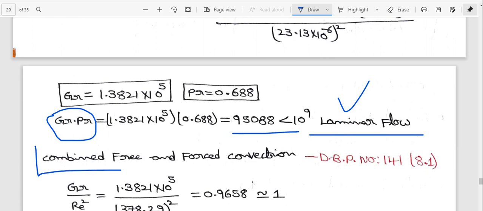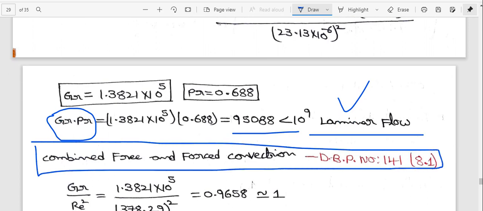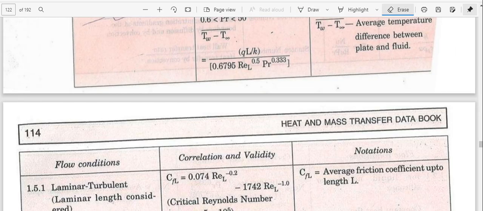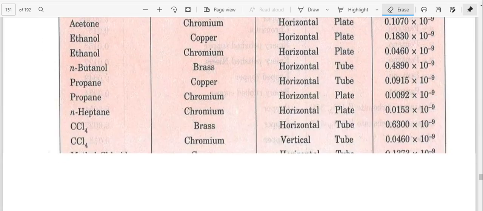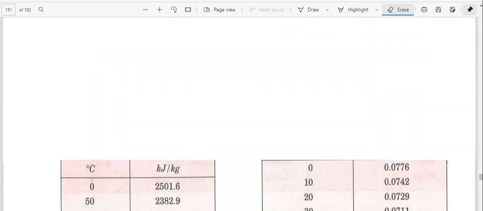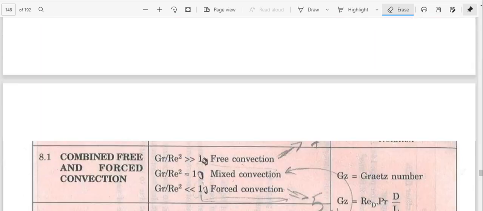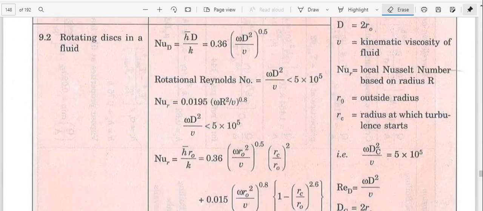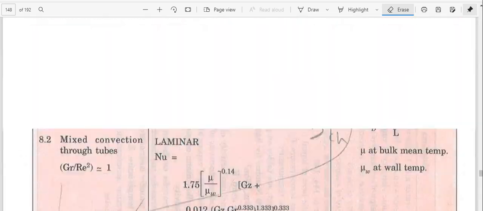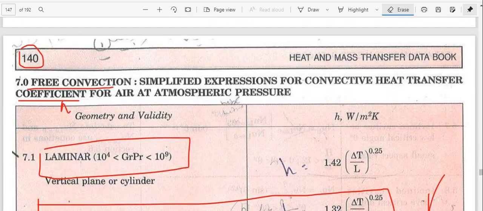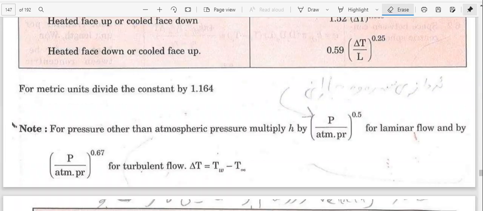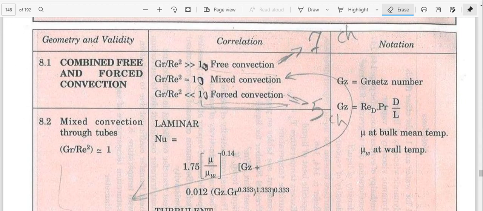Now I am considering data book page number 141. This is the combined free and forced convection.